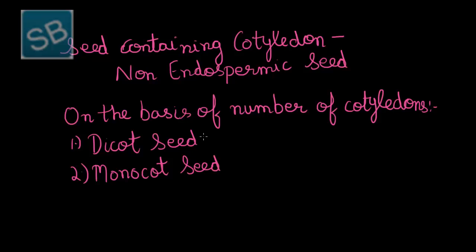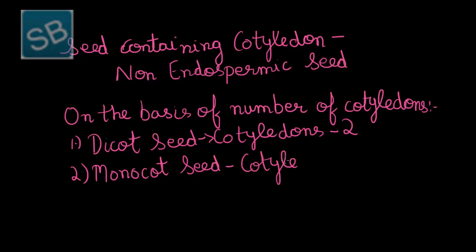In dicot seed, that is in dicotyledonous plants, the number of cotyledons is 2. On the contrary, in monocot seed, the number of cotyledons is 1.